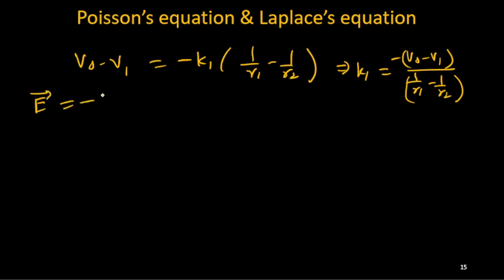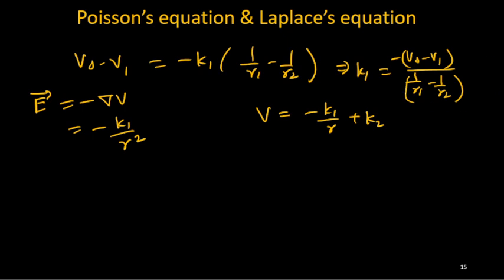That's okay. So what is the electric field? Electric field is minus grad V, where V we have got is minus k1 by r plus k2. If I take the derivative of this, it is plus 1 upon r square, so it remains minus k1 by r square, where k1 is this.